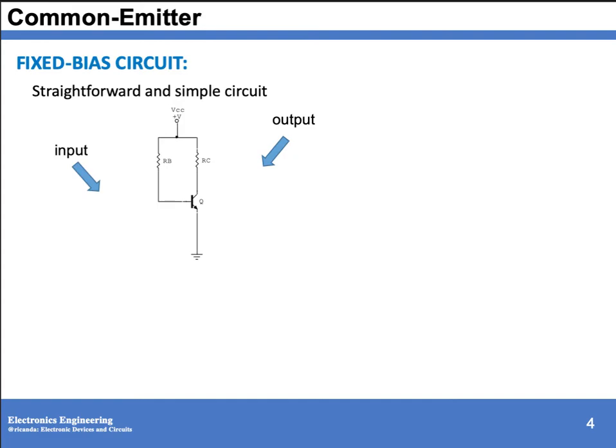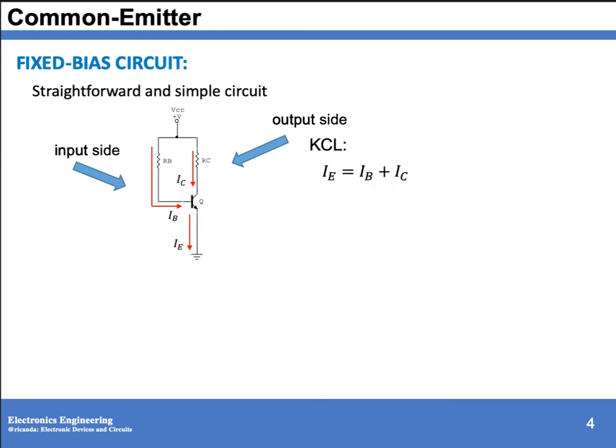So we have to determine the flow of your current. So we have IB, which is going to your transistor, as well as IC. And we have IE going out from your transistor. So applying KCL to determine your current equation, we have IE equals IB plus IC. And remember that the DC ratio, if it is a common emitter, is called beta.